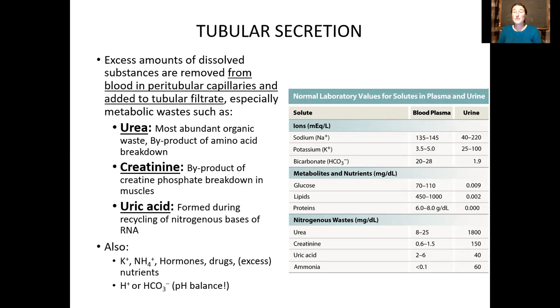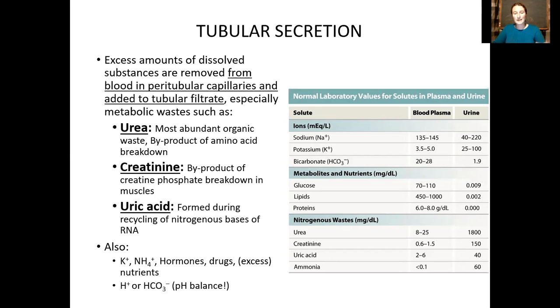So if you have a super sugary meal, or like Halloween a few weeks ago, you ate an entire bag of Halloween candy, that is way too much sugar for your liver to process and your tissues to take in, especially if you have an issue with your pancreas, such as diabetes. And so some of that sugar will end up in your urine, right? We don't want to have too high of a blood sugar.